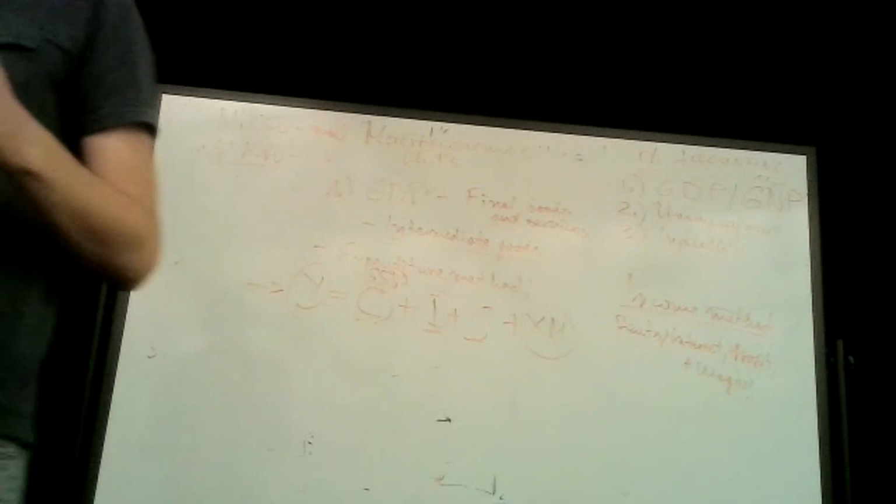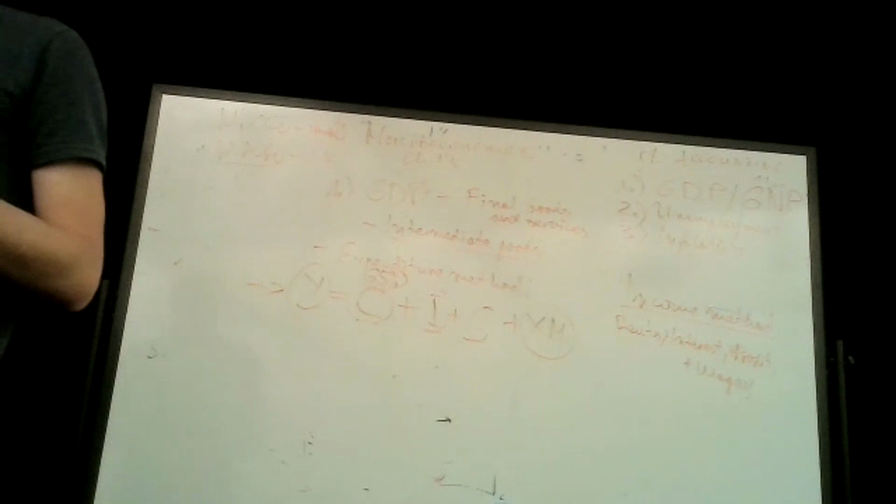So you earn $20,000 by running your company, but then you forgo $15,000 of wages that you could have earned had you not run your own company but worked elsewhere. So your accounting profit that GDP statistics captures is $20,000.